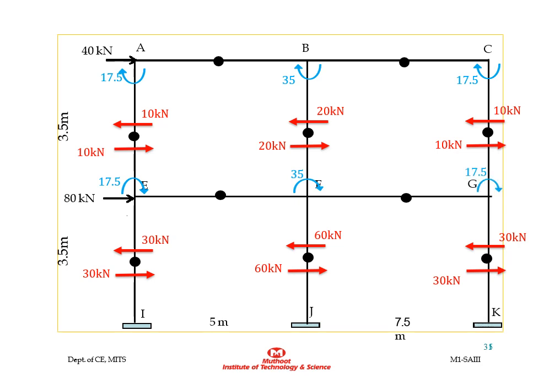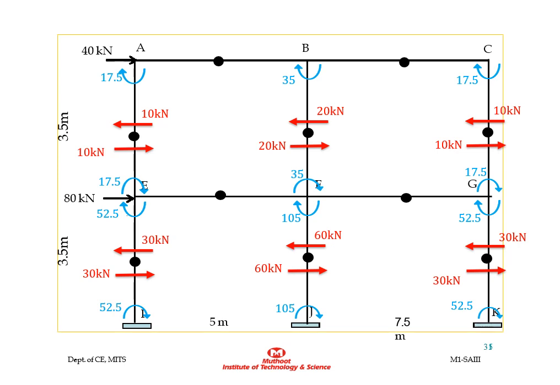Now for the ground floor, the column moment of EI will be 30 into 3.5 by 2, that is 52.5 in clockwise direction. For the interior column, it is 60 into 3.5 by 2, that is 105 in clockwise direction. Similarly for other column ends. The values of column moments are marked in the figure.